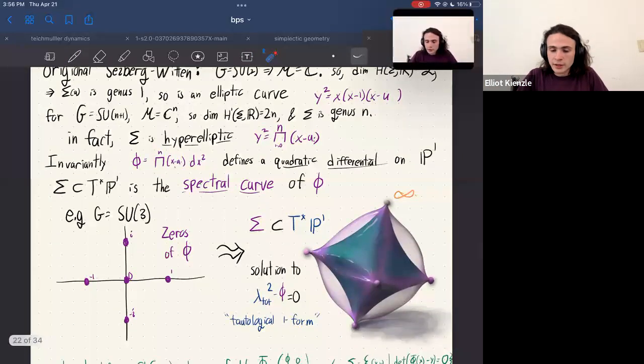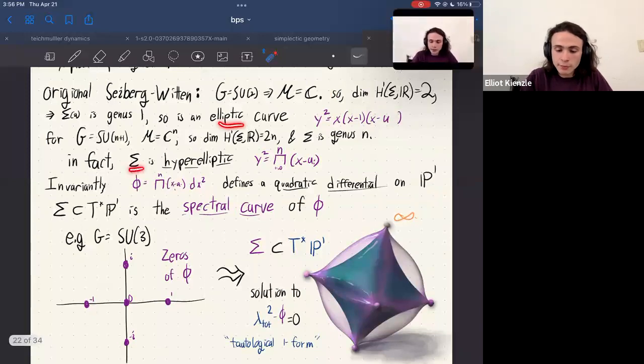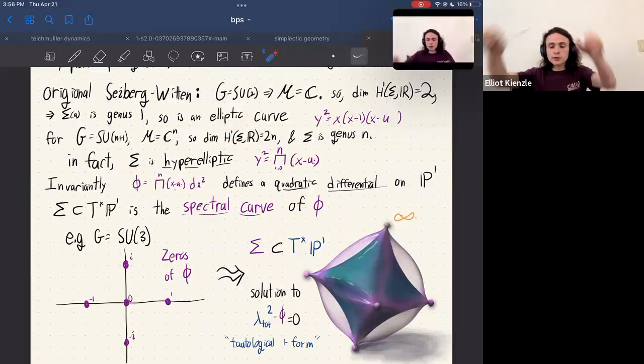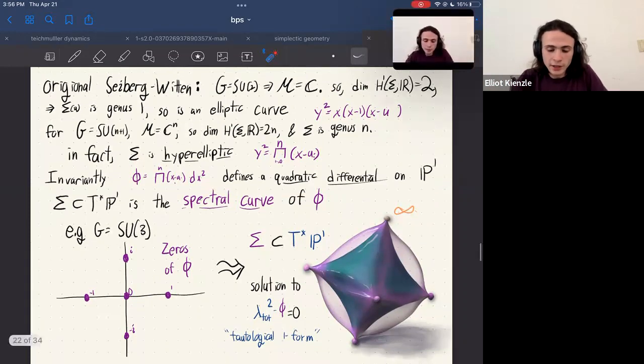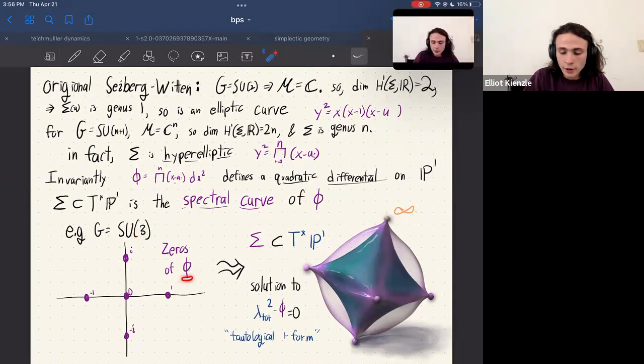And the hyperelliptic curve we get is determined from this quadratic differential by the so-called spectral curve. So for example, in SU(3), looking at this polynomial, our quadratic differential is going to have a double pole at infinity, and it's going to have 5 roots on the inside.